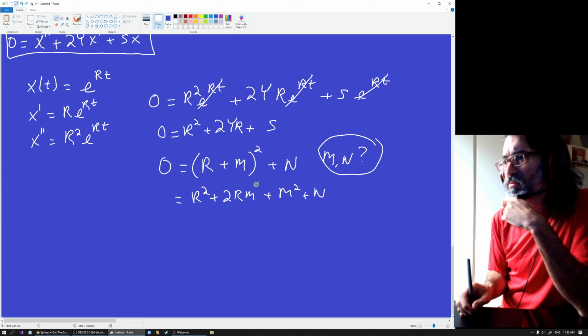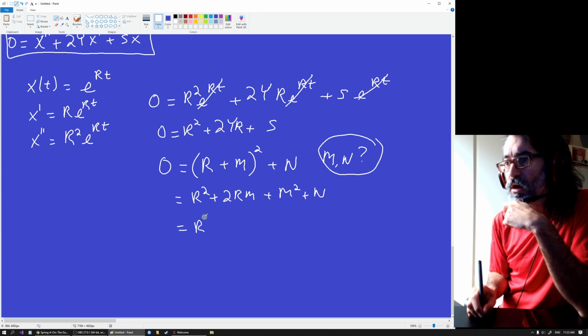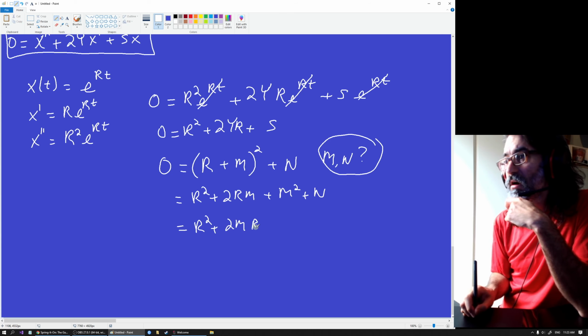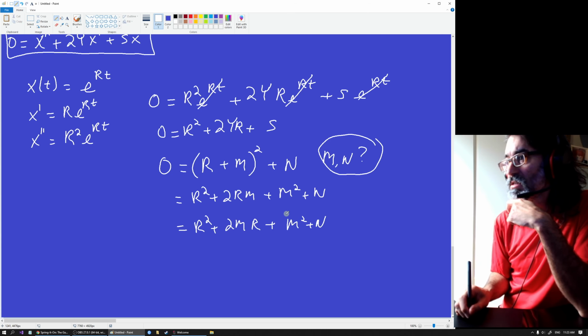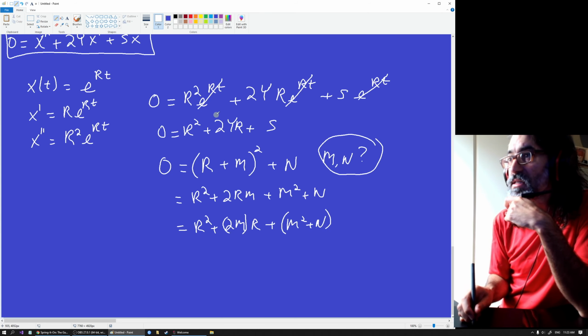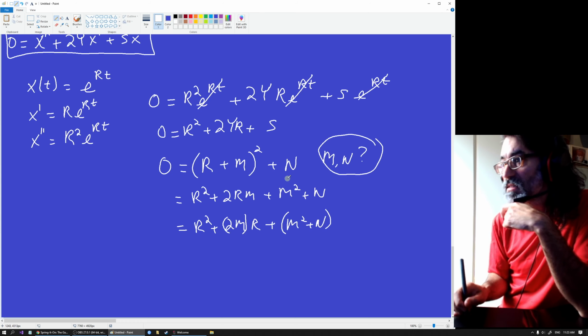And now I try to put this in this form. So it's almost there. It's just r squared plus 2mr plus m squared plus n. So this guy and this guy, you see, 2y is this and s is this.